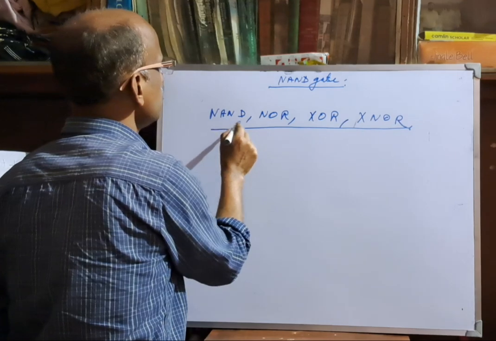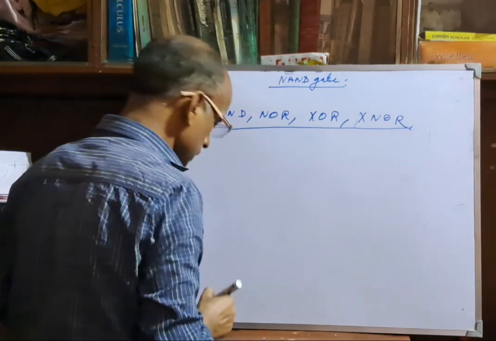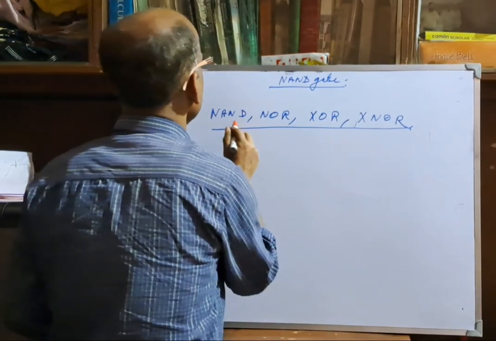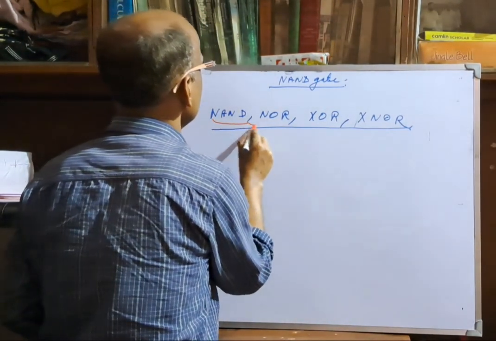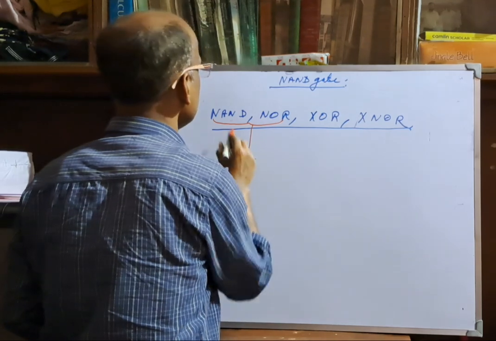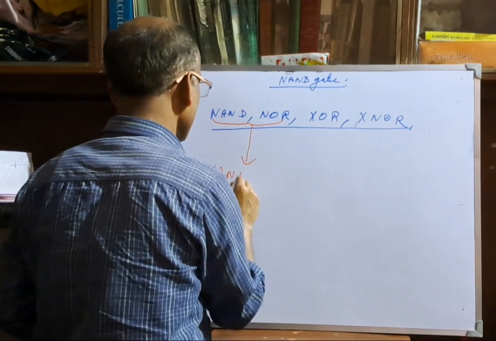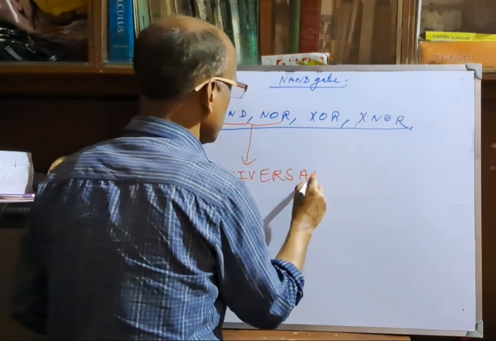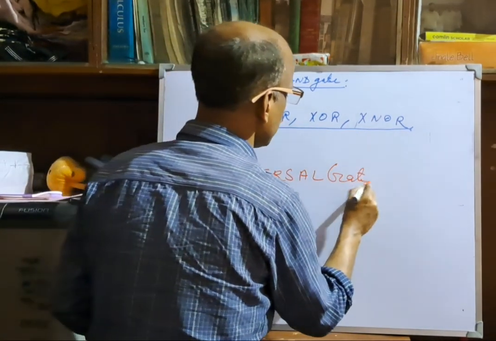And actually these two are called universal gates. I am using red ink here. Why is it a universal gate?